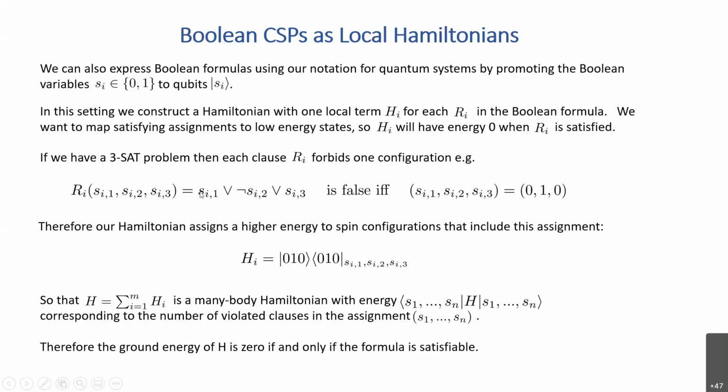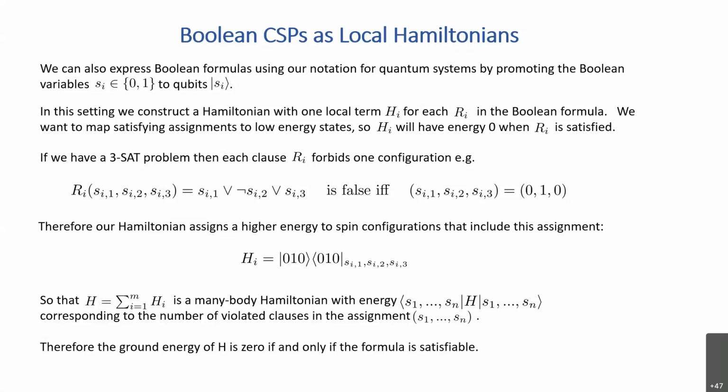So the only way to make it false is if the first one is false, and then the second one is negated, so that would be true, but then its negation would be false, and then the last one is false. So this clause is satisfied as long as we're not in this state 0, 1, 0. And so we want to add a higher energy to states that violate that clause.